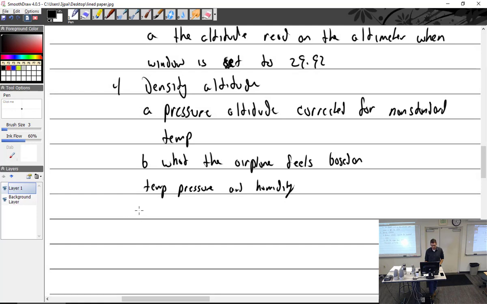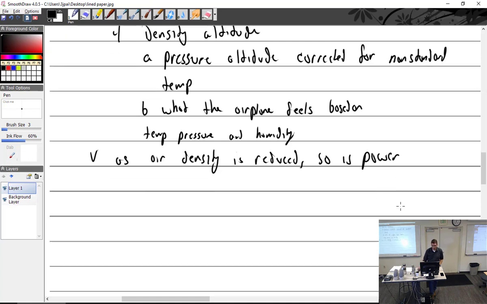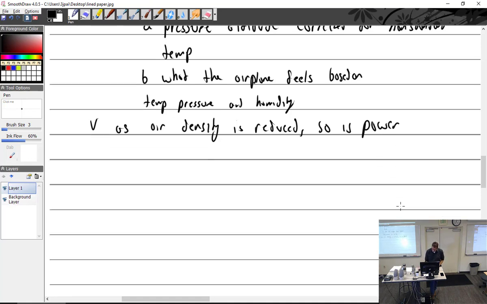So as air density is reduced, so is power. You lose air density, you lose power.